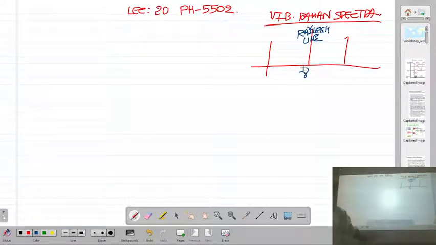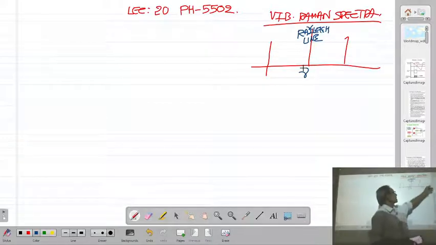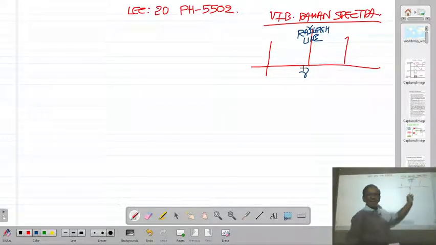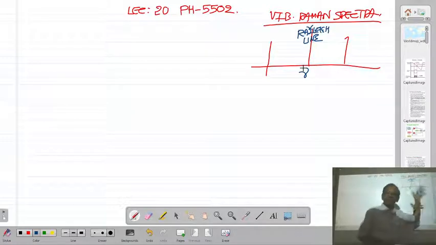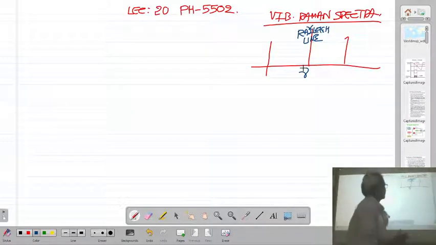We discussed vibrational Raman spectra in the 19th lecture, in which we have seen that the vibrational Raman spectra comprises a Rayleigh line of the same wave number as that of the incident radiation.